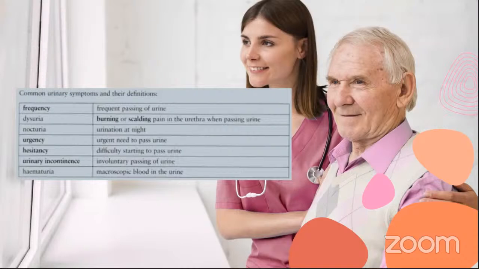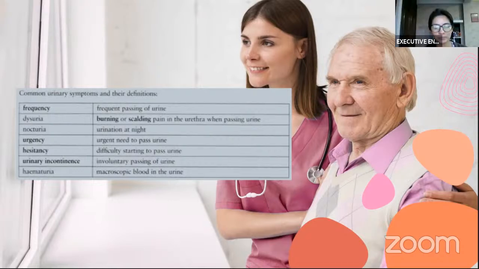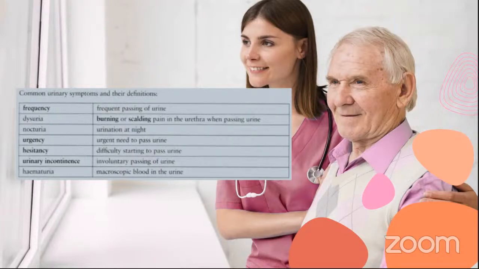Nocturia: urination at night. Urgency: urgent need to pass urine. Hesitancy: difficulty starting to pass urine. Urinary incontinence: involuntary passing of urine. Hematuria: macroscopic blood in the urine.